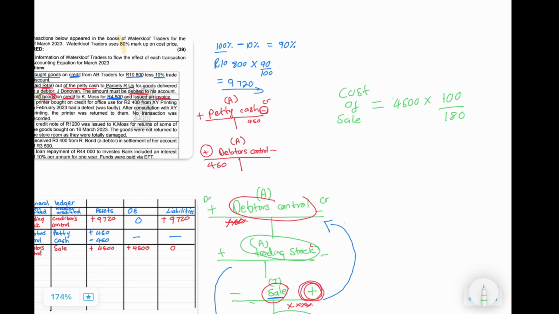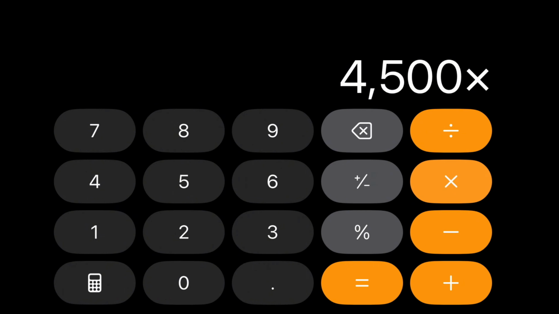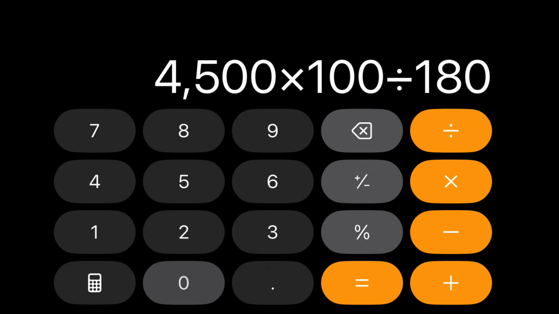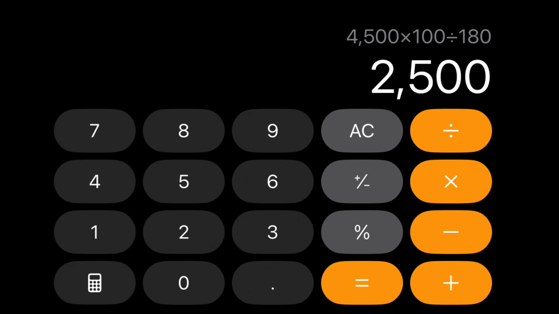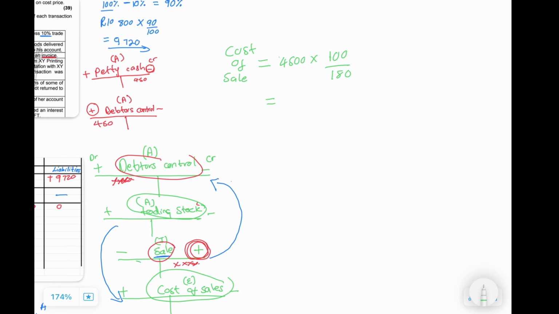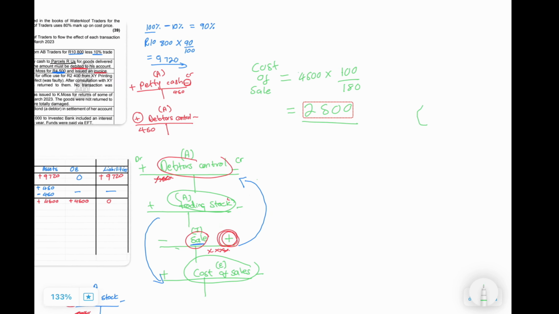Please check out that video where I am explaining how to calculate the cost price. It is so helpful because you always have to use markup. So 4,500 multiplied by 100 divided by 180, 2,500. So our cost of sale will be 2,500. Okay, so now this is the cost of the goods that we have sold at 4,500.